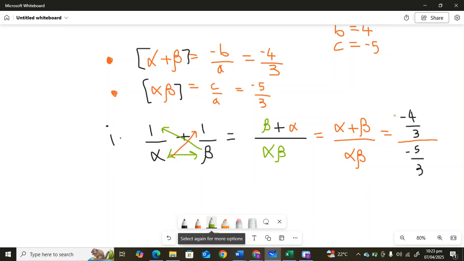You can cancel out this 3 and this 3. Therefore, you remain with negative 4 over negative 5, which becomes 4 over 5.